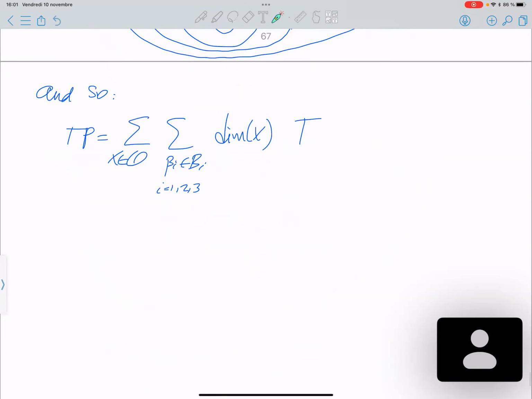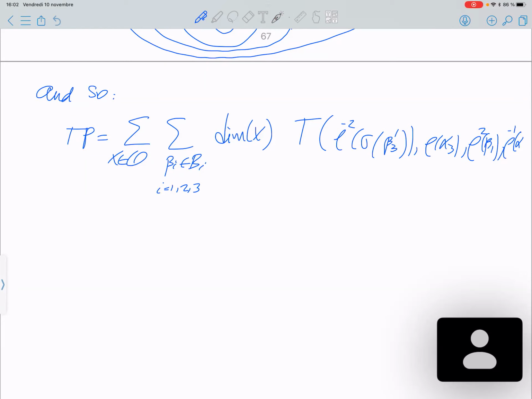So T of rho power minus 2 sigma beta 3 prime rho of alpha 3 rho square of beta 1 rho inverse of alpha 6.